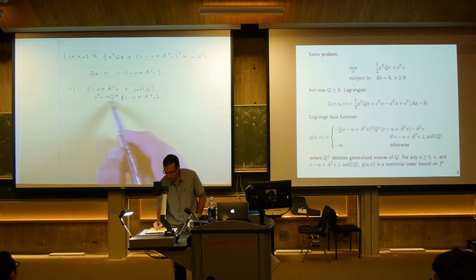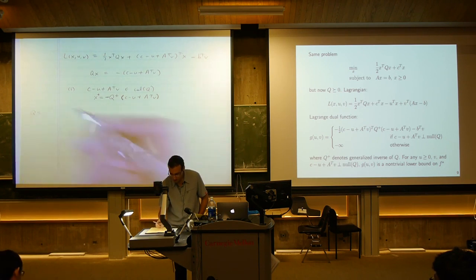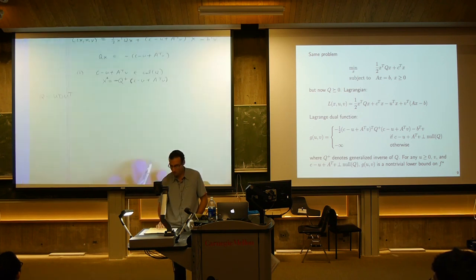This Q pseudo inverse is sometimes called the generalized inverse. It's usually defined in terms of the singular value decomposition. Q here is symmetric, so we can just use its eigendecomposition. Suppose we write Q as U D U transpose.